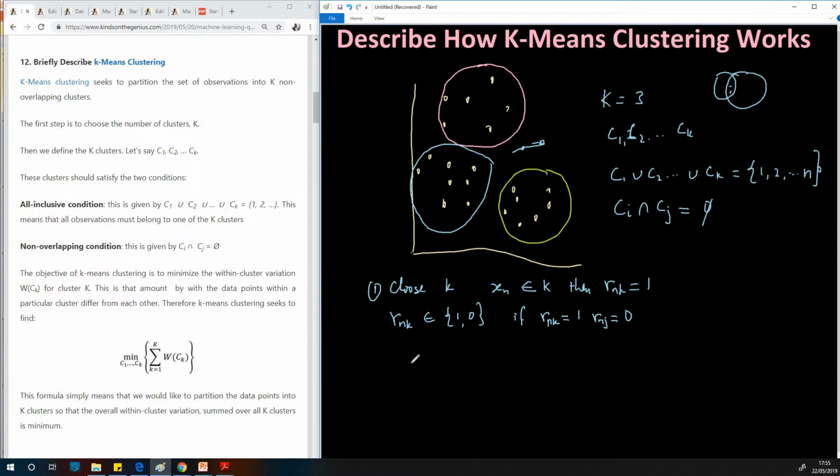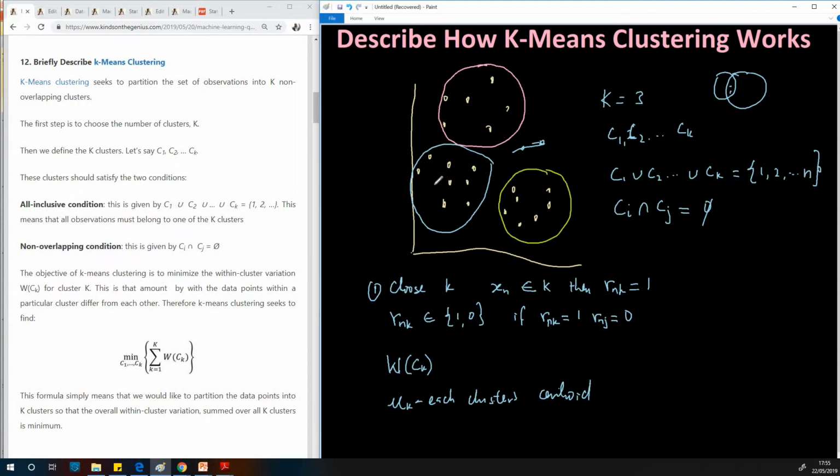All right, so there is something called the distortion measure. Ordinarily, I'm going to write it as WCk. This is the within-cluster distance. For each cluster, I also forgot to mention that you have something called a centroid. Each cluster's centroid is mu k.